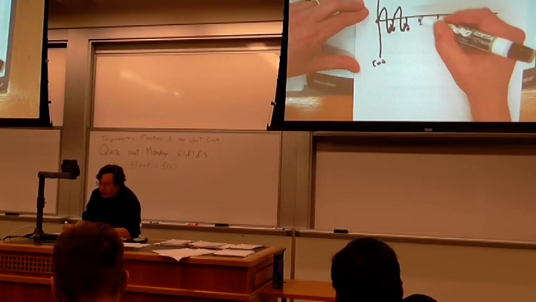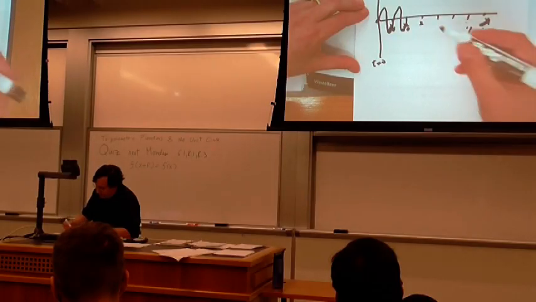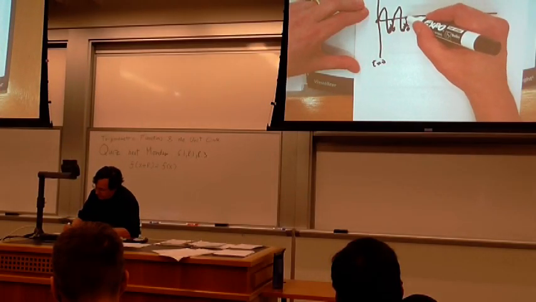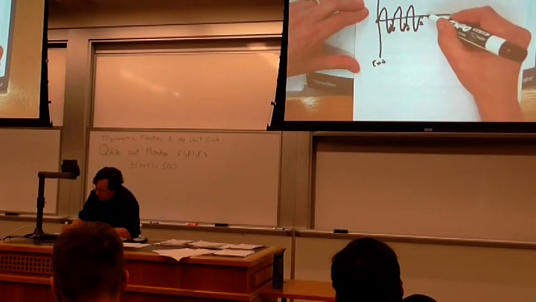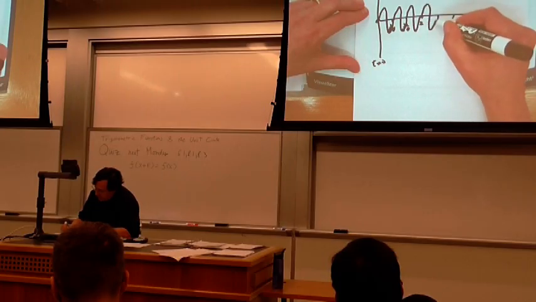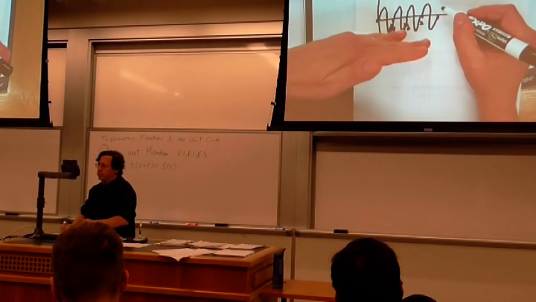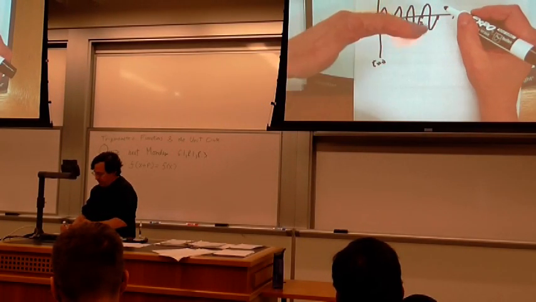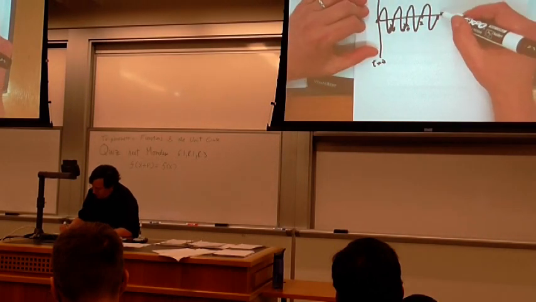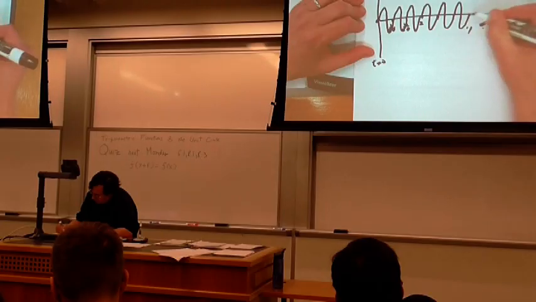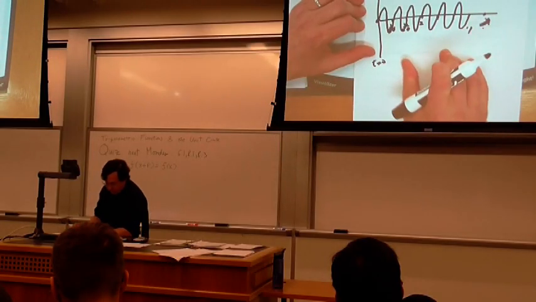I know I'm displaying my fabulous artistic skills here. In fact, we're going to talk about this more on Wednesday, but this actually is a sine wave. All right, so there we are.